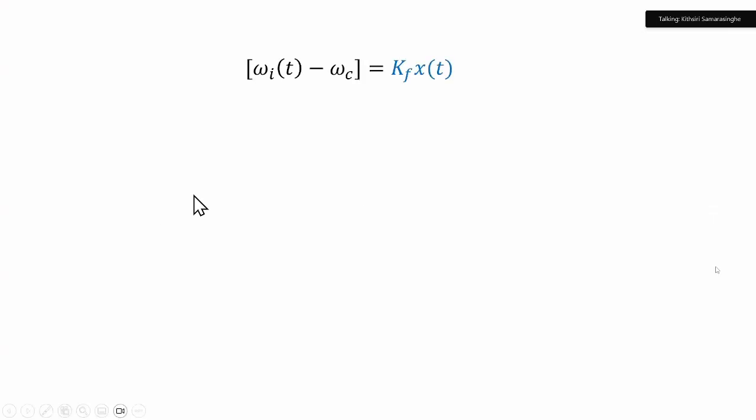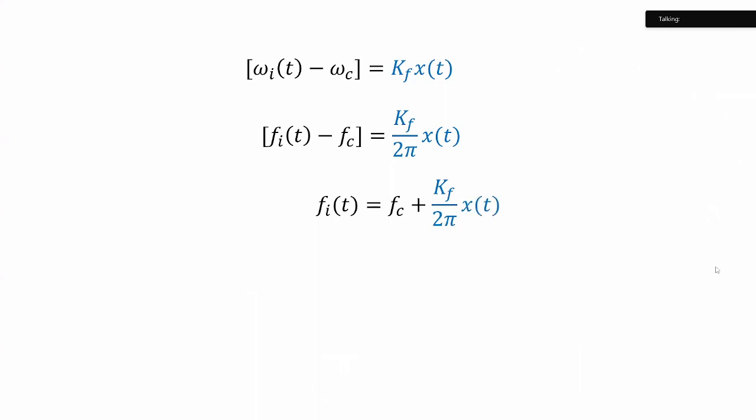Let's start with this again. Divide by 2π. So the instantaneous frequency of the modulated signal could be given by this formula.